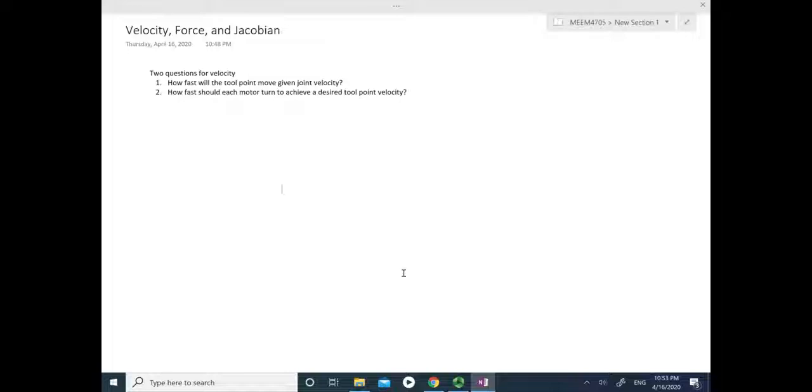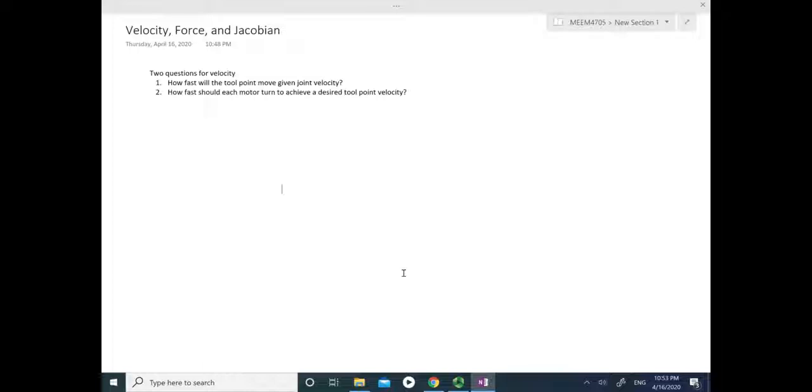Now for velocity, we are answering two questions, and one is relevant to forward kinematics: how fast will the tool point move given the joint velocity? It's like we already know the joint variables, and then what is the tool velocity?